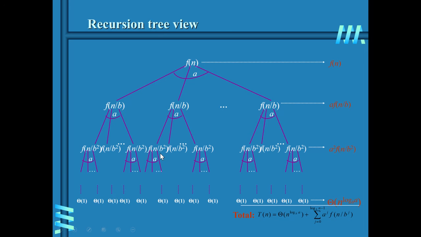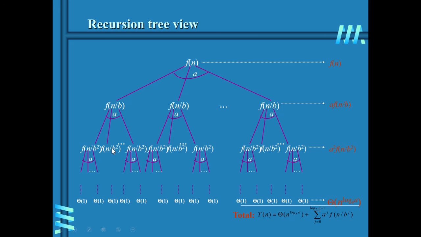Since each previous subgroup is cast into another a subgroups, to conquer all these subproblems we have a squared times f(n/b squared), right? Because we have a groups of size n divided by b, and each group is cast into another a subgroups with input size n divided by b to the power of 2.